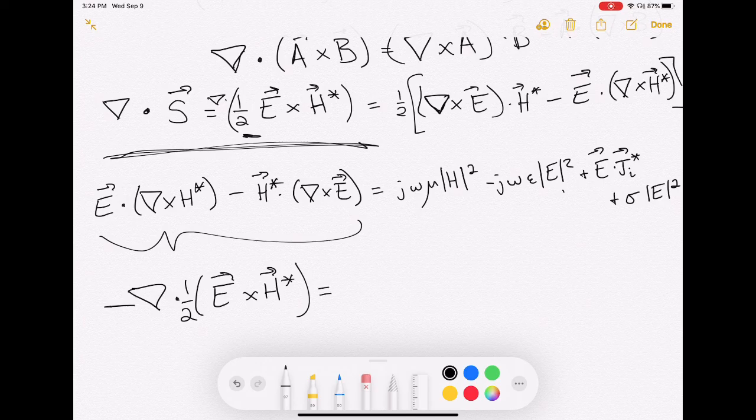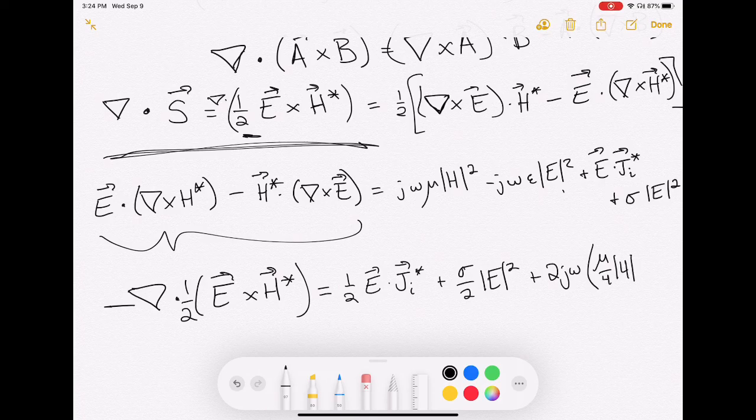So on the right-hand side, we also have to divide by 2. So then we're going to have 1/2 E dot Ji star plus sigma over 2 magnitude E squared plus, I'm going to write this in a particular way that'll become clear in a minute, 2j omega times (mu over 4 magnitude H squared minus epsilon over 4 magnitude E squared).